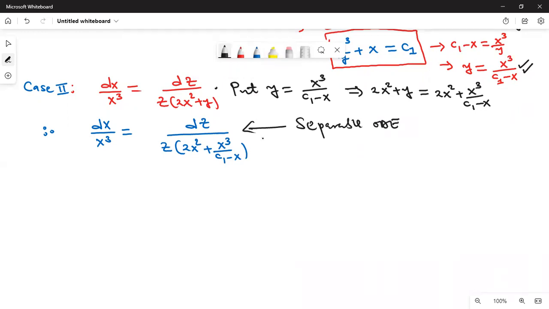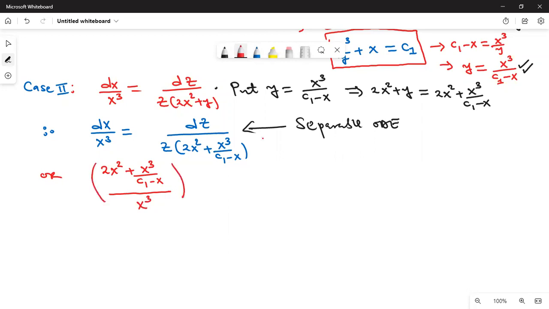Now, when you separate the variables, of course, I am cross multiplying by 2x squared plus x cubed over c1 minus x. So we are going to get 2x squared plus x cubed over c1 minus x, and you are dividing this by x cubed.